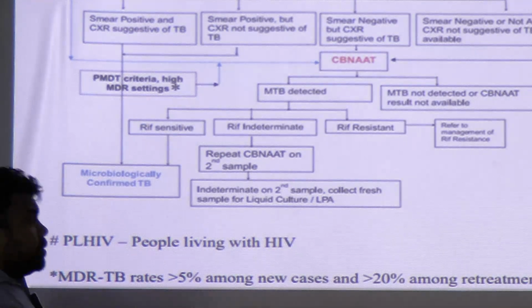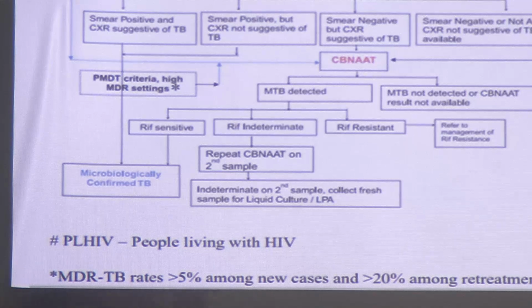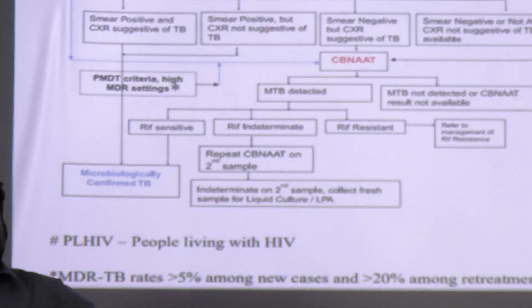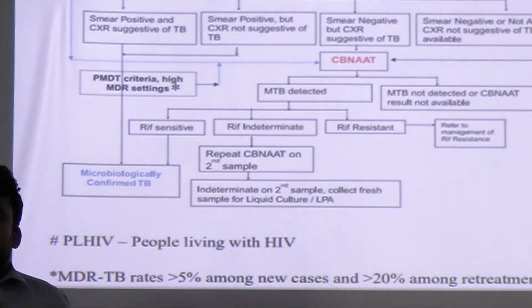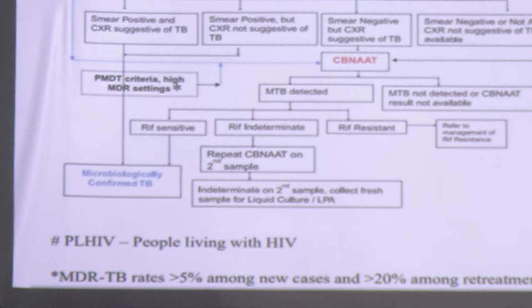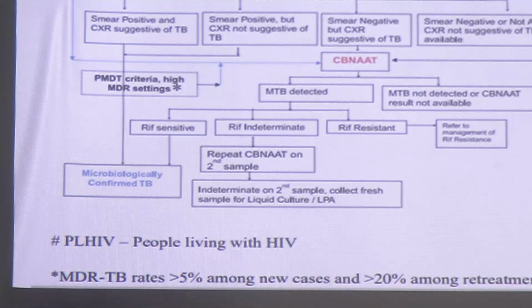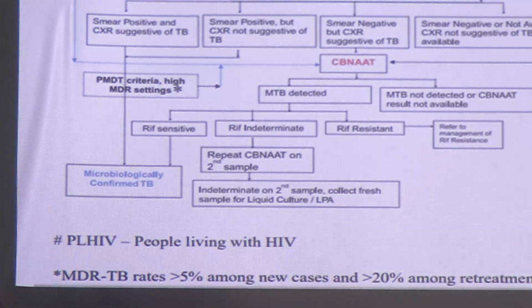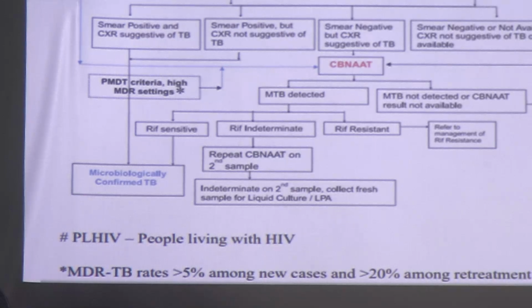Now this becomes very important if the patient is already suffering from HIV. The reason is very simple. I'll give you an example. Normally we find tuberculosis infection to be of chronic origin. For example, subcutaneous tuberculosis in an immune competent patient usually presents with an abscess, which we call a cold abscess.